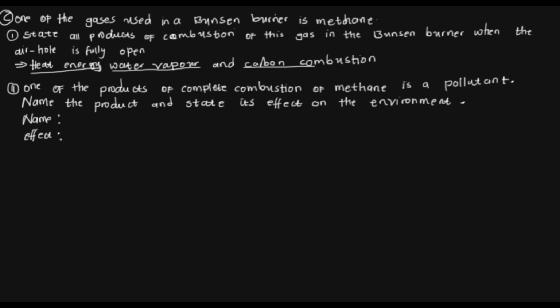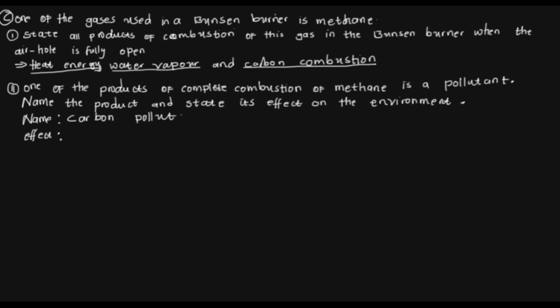Now, Roman numeral 2. One of the products of complete combustion of methane is a pollutant. Name the product and state its effect on the environment. So the name is carbon dioxide. Carbon dioxide is a pollutant.